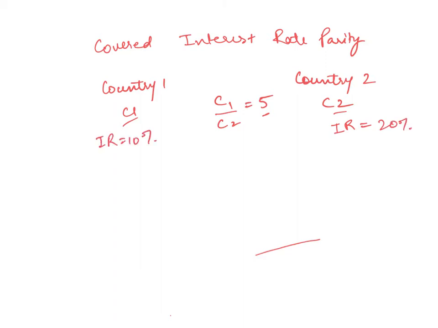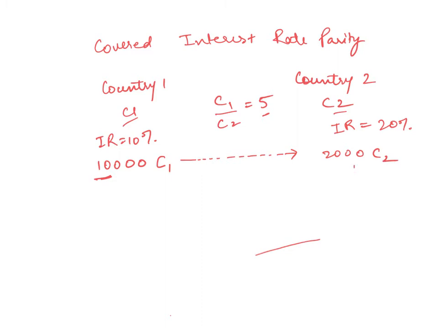I'm exaggerating the numbers so that they are glaring enough for you to get the process. Now, interest rate parity. Let's say I borrow 10,000 C1s at the beginning of the year, and then I convert them. When I convert them, I have 2000 C2s.